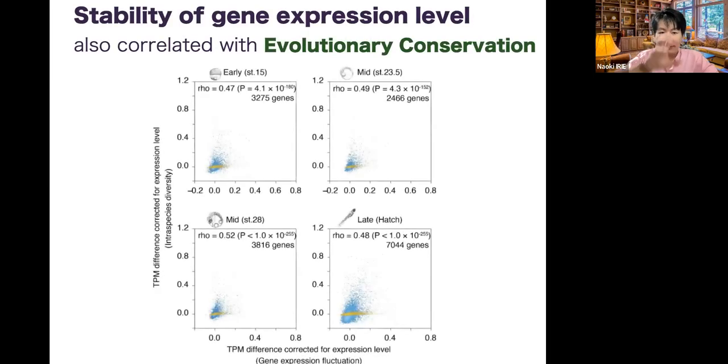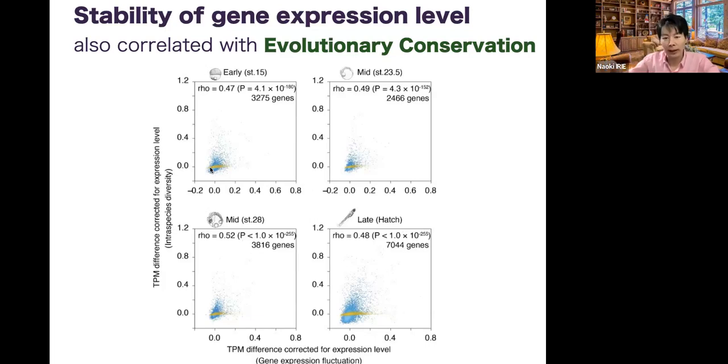So not only for developmental stage or bulk RNA-seq transcriptome, we also looked for stability of gene expression, gene by gene. And by applying normalization to get rid of technical noises, and also expression level matters, because whenever the gene expression level is high, it tends to show more stable expression level.